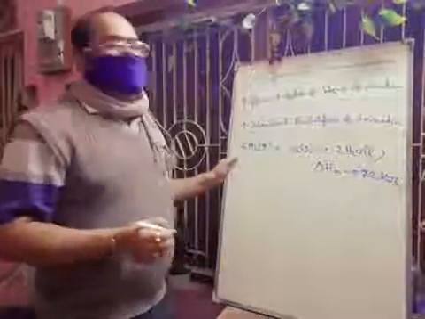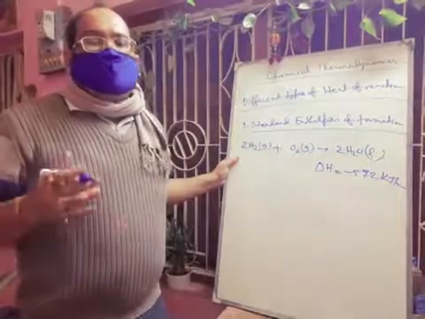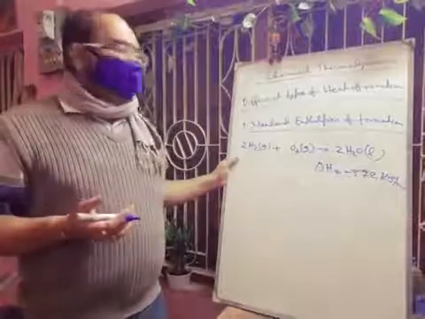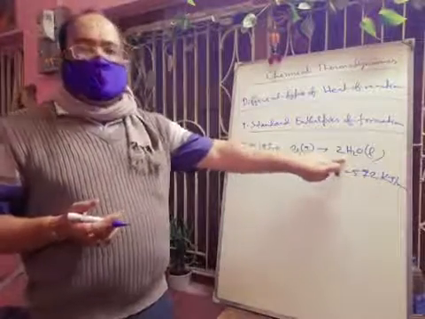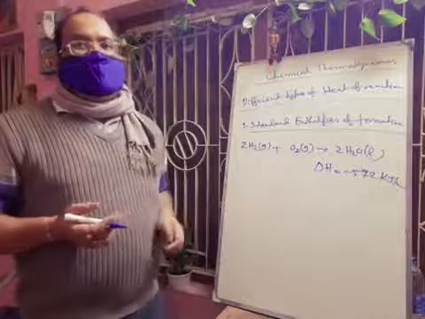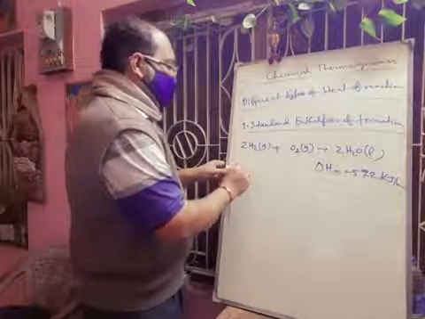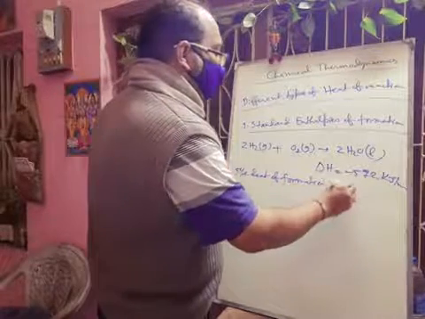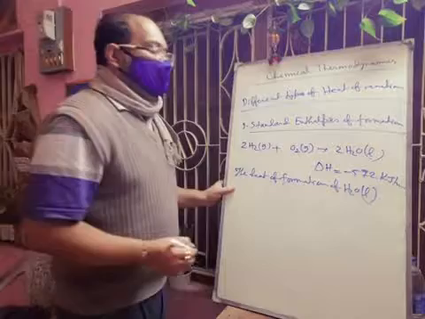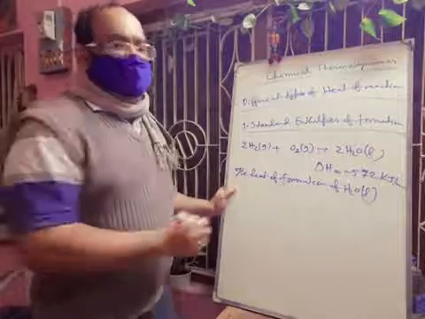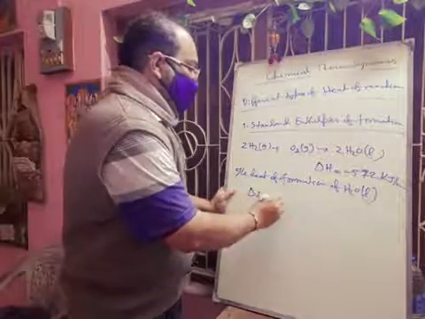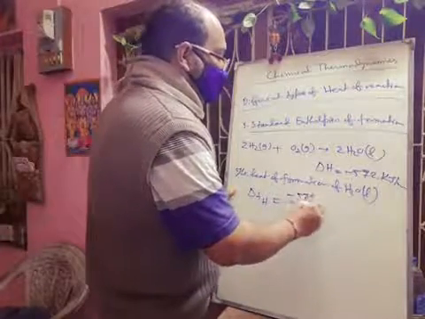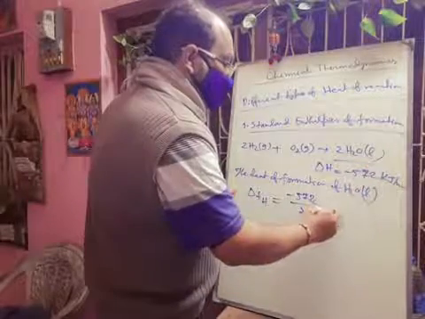Now here the definition is that the enthalpy change when 1 mole substance is formed from its element. So here the amount of water liquid forming is 2 mole. So the heat of formation of water liquid, we can write as delta F H is equal to minus 572 divided by 2, as here 2 mole is there, kilojoule per mole.